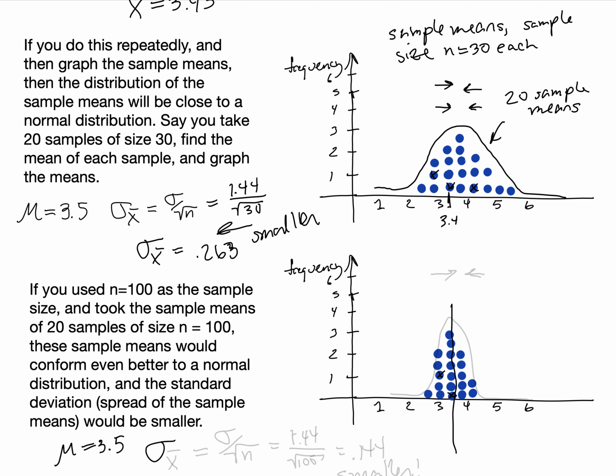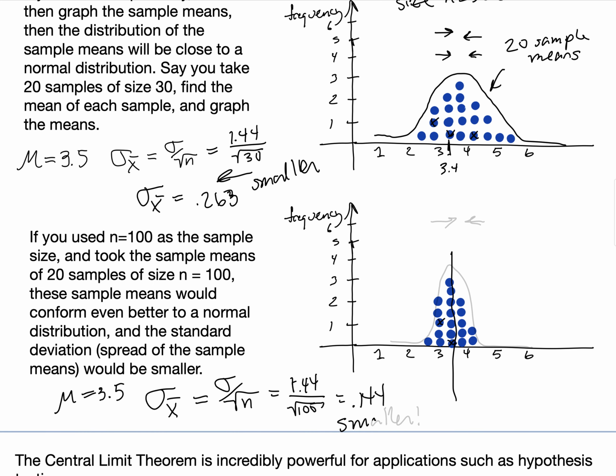And the standard deviation for this distribution of sample means now is going to be the old standard deviation divided by the square root of the sample size. So that's 1.44 divided by the square root of 100. So that's 0.144, our new standard deviation. It's smaller still than what we had before. And that means that these sample means are going to be even less spread out than what we had before.